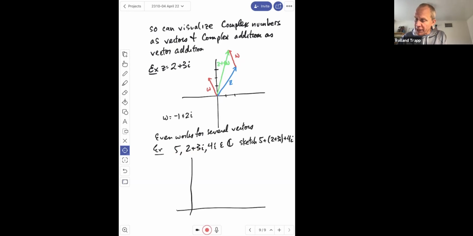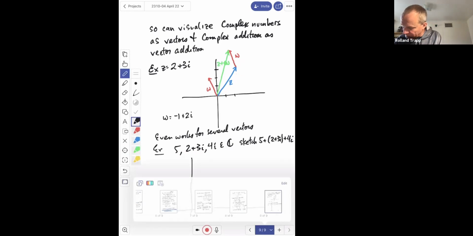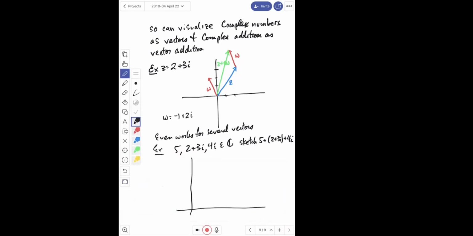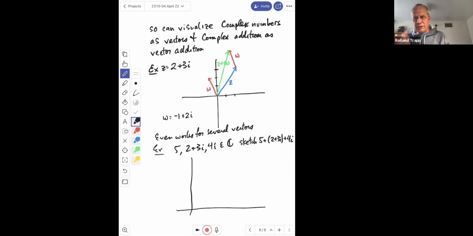The 2 plus 3i we're already good with, right? Would it probably be 5, 0? Yep. The imaginary part just tells you the y coordinate. So if I wanted to sketch these, let me use colors.